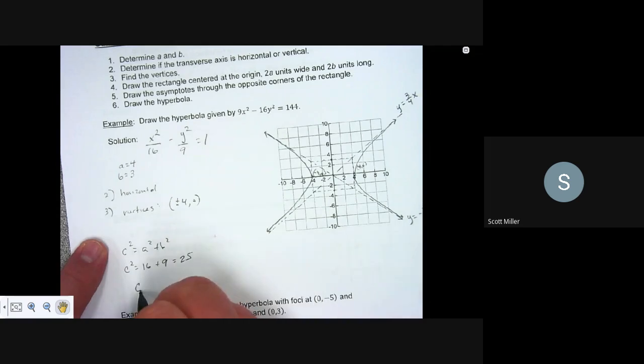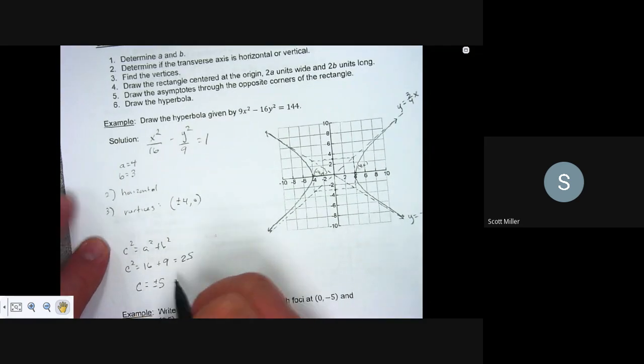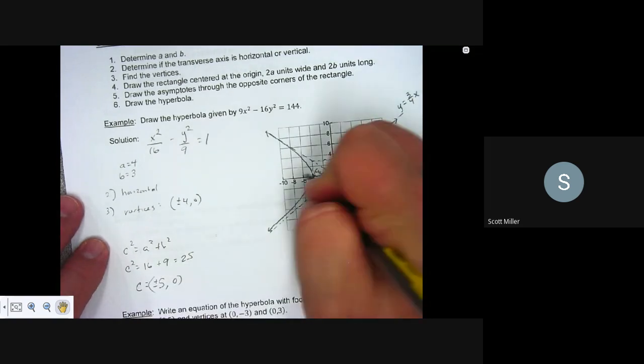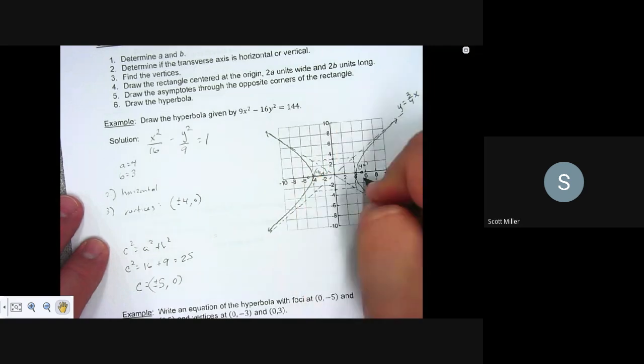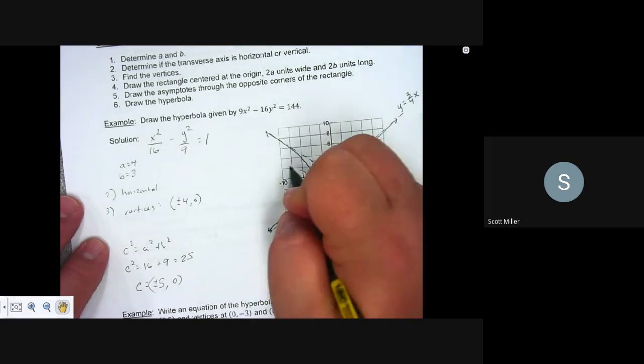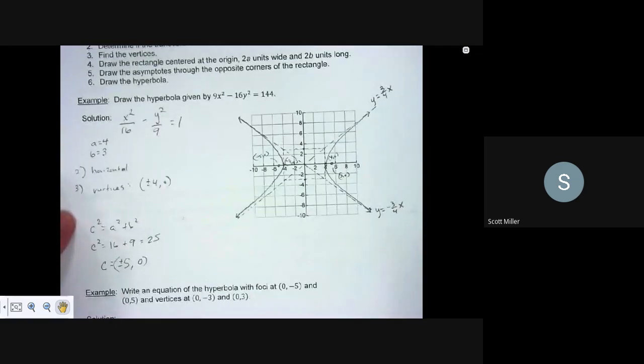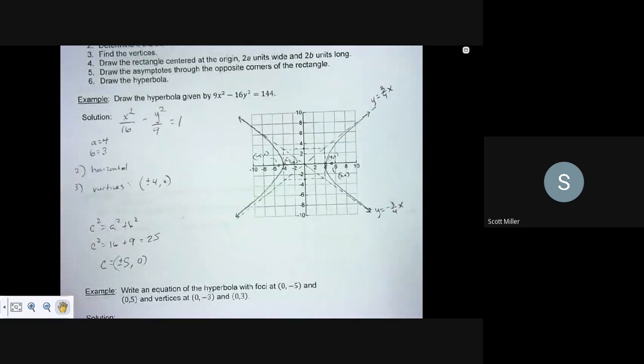So C is going to be at plus or minus 5, comma 0. So that is 5, 0, a focus, and this over here is negative 5, 0. So there is our hyperbola drawn. Draw the box, draw the diagonals, then draw the hyperbola.